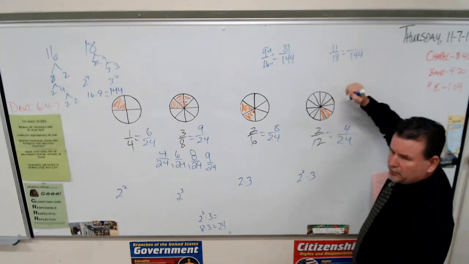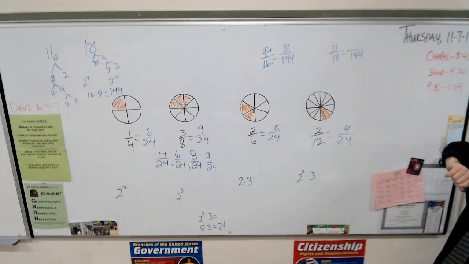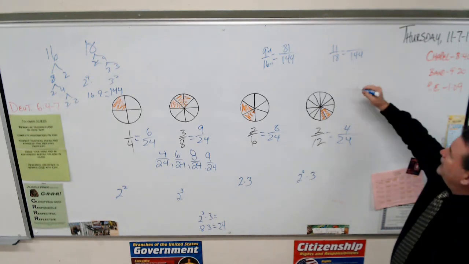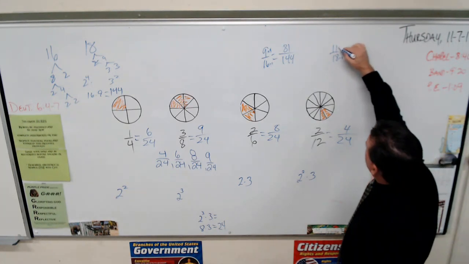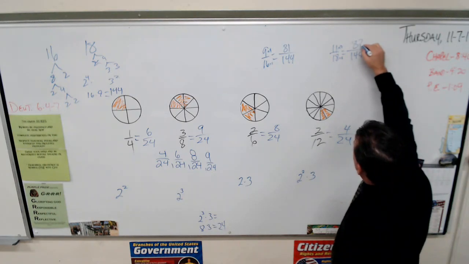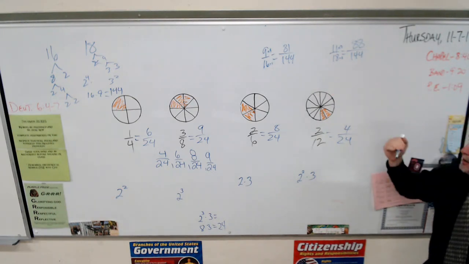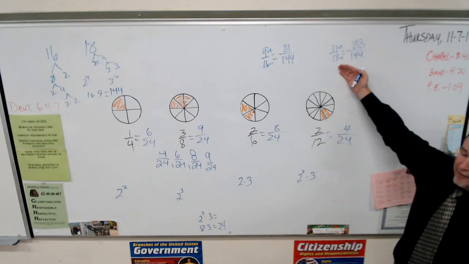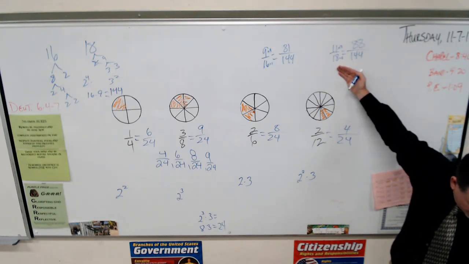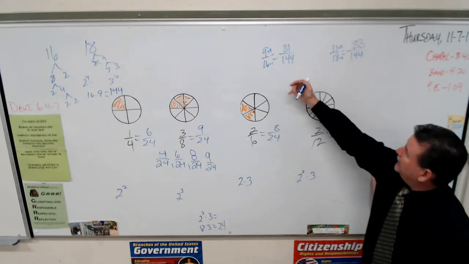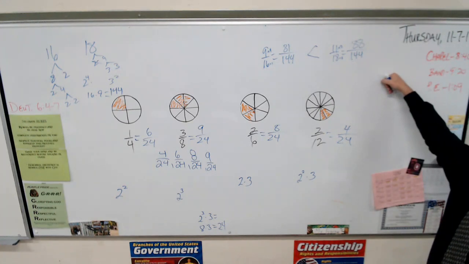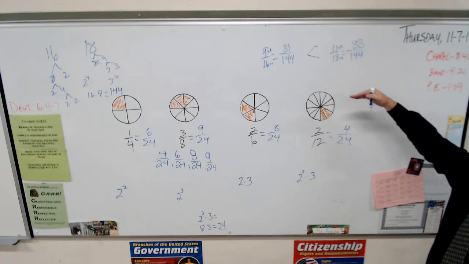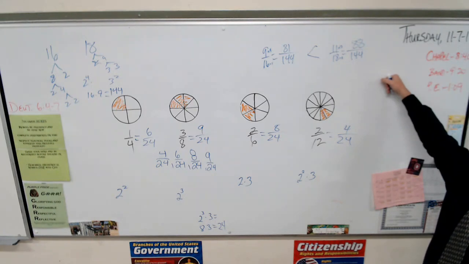No, 18 times 8 gives me 144. 11 times 8 is 88. Now I can compare those 2 numbers. 9/16 is less than 11/18 because it's 81 compared to 88.